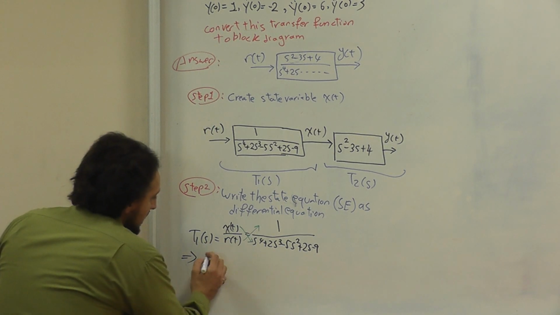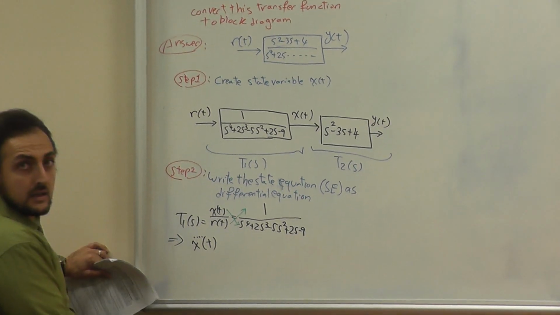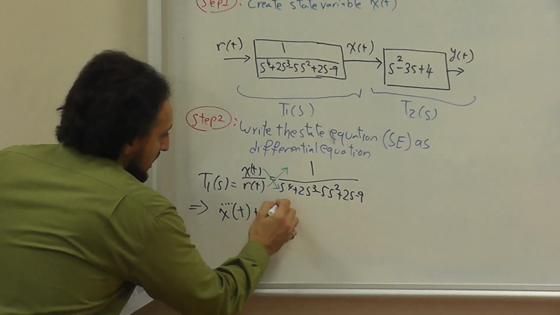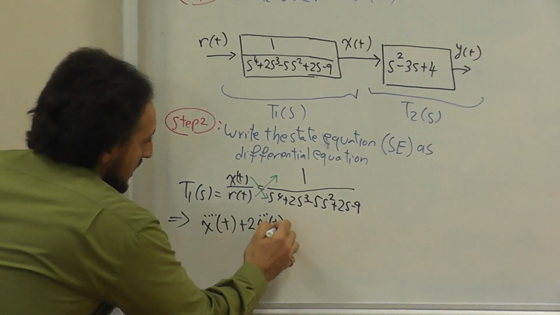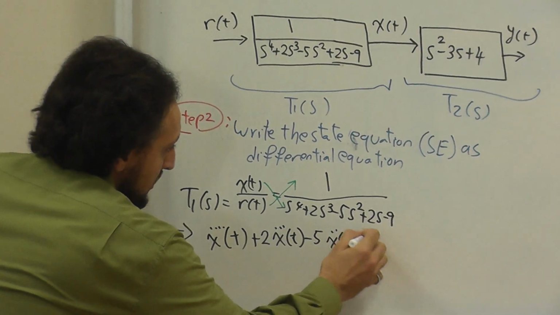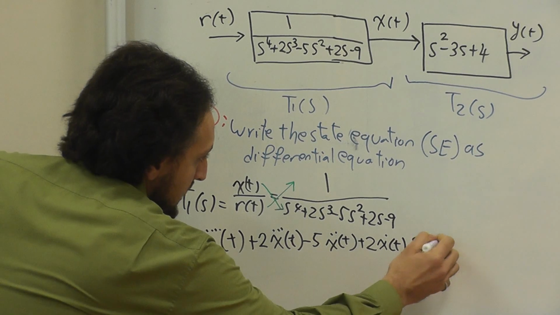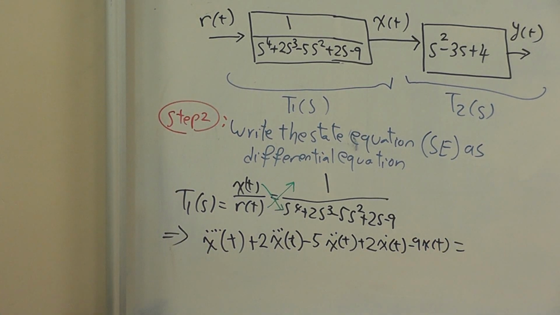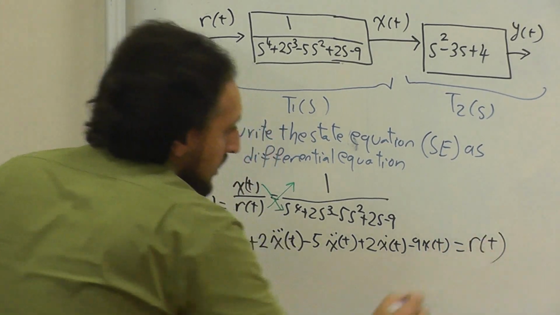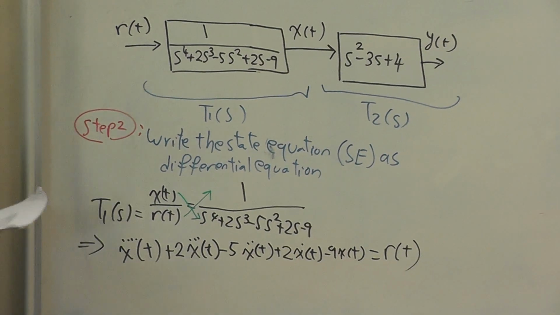So it will be x 1, 2, 3, 4 t plus 2x 1, 2, 3 t minus 5x 2 dot t plus 2x dot t minus 9xt equal to what? RT. Finish. This is the step number 2.